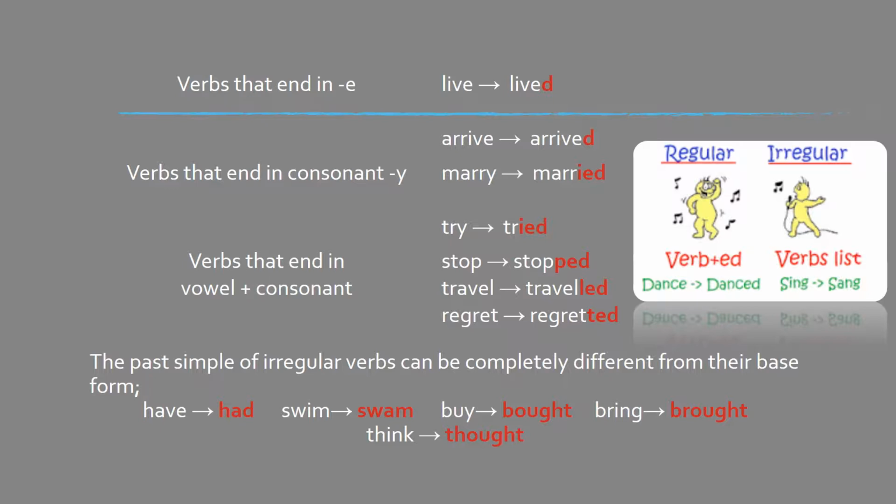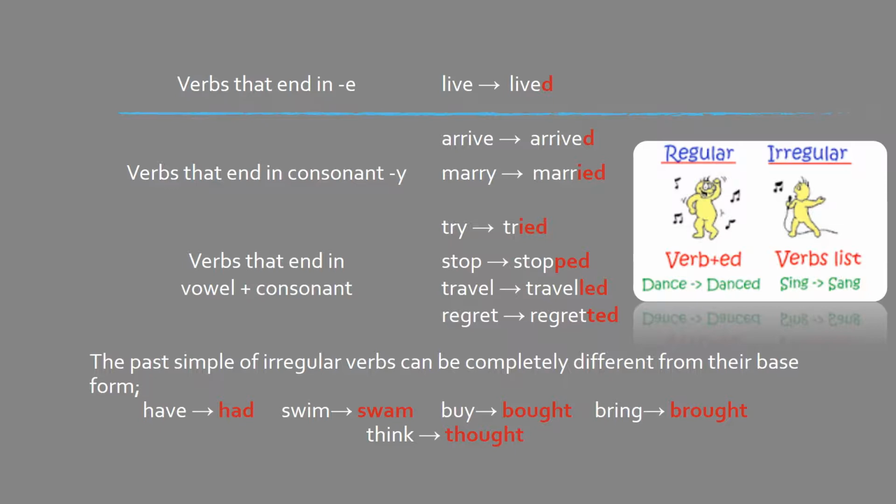The regular past simple is formed by adding ed to the base form of the verb. There are some spelling variations. Please look at the examples while listening to me. If a verb ends in the letter E, we only put the D next to it. Live, lived, arrive, arrived.